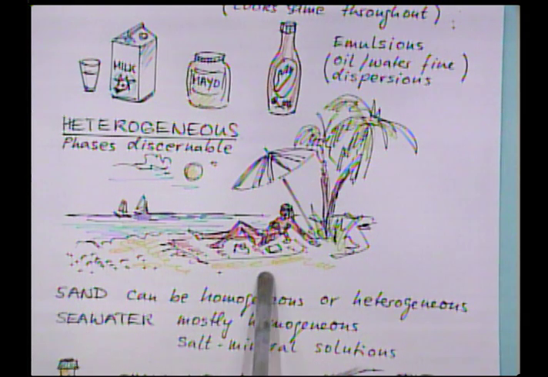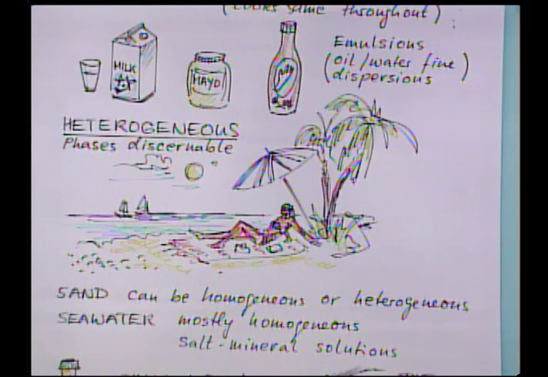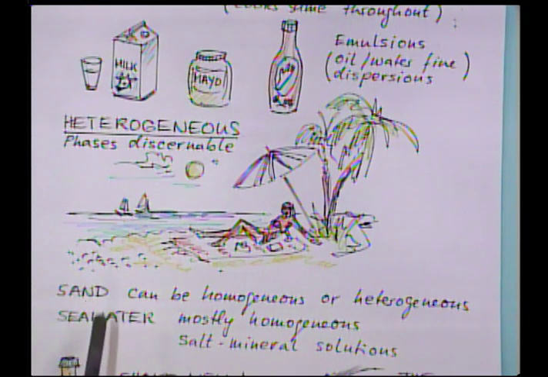And the sand, from a distance, looks homogeneous, but when you look close, you can see the fine little different particles. In a coarse sense, gravel would be obviously a heterogeneous mixture. That means you can actually pinpoint the individual particles and pick them out with tweezers, so to speak.